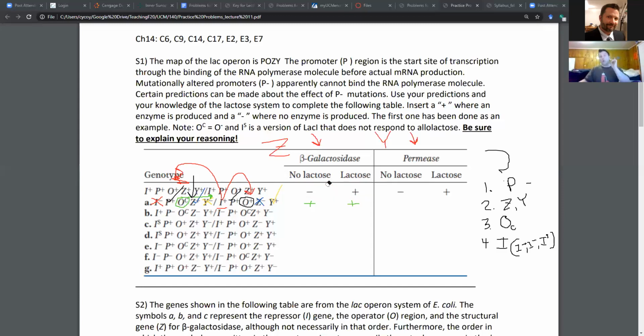In fact, here's a little tip. The only way for this system to be responsive to the presence of lactose is having a normal wild type operator and a normal wild type inhibitor. If you break either of those, it's not going to be dependent on lactose anymore. It's either going to be all on or all off.